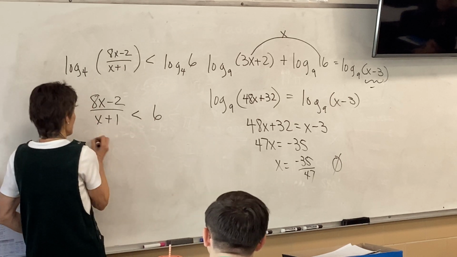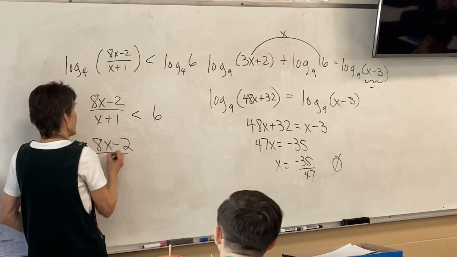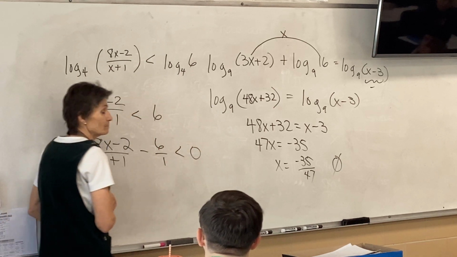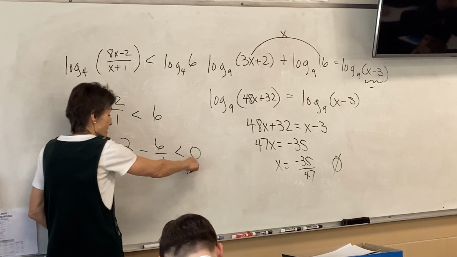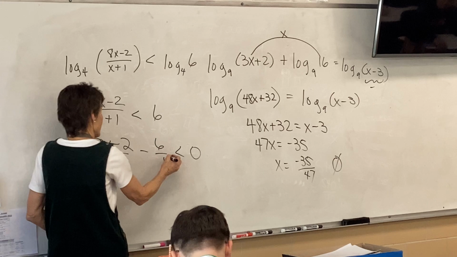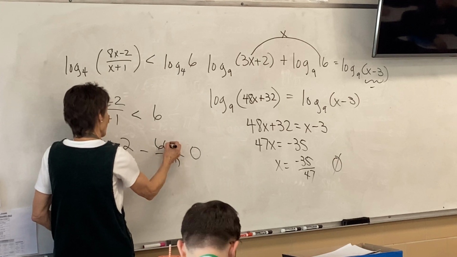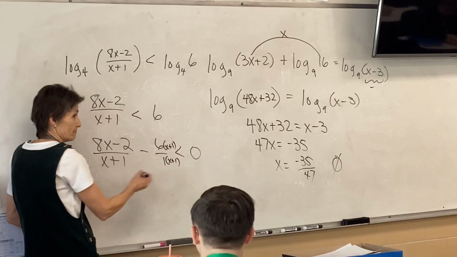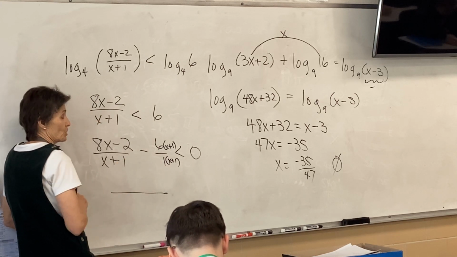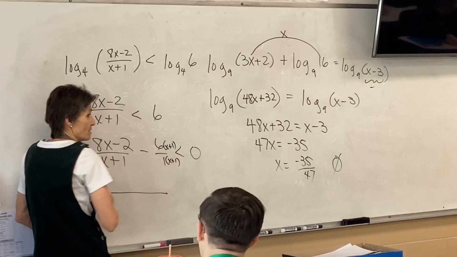This is good review. You've got to remember, in an inequality, you got to subtract the 6. In other words, you got to get a 0 over here. Then we'll get a common denominator so that we have one fraction. I want one fraction less than 0.